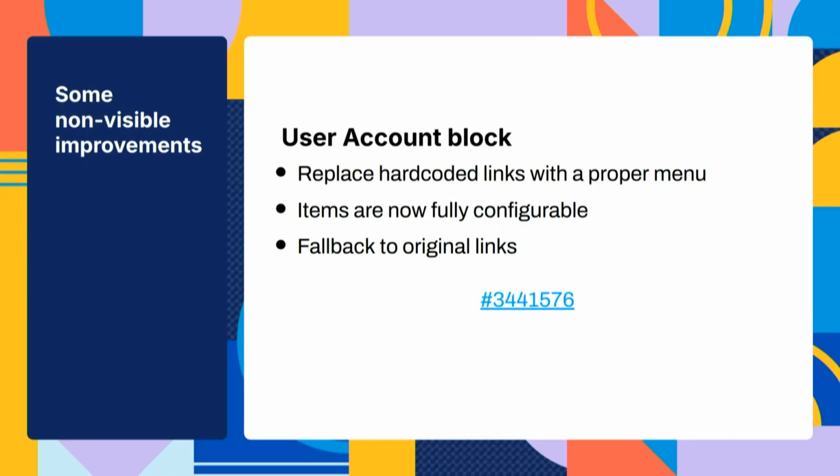And well, besides that, there are some other improvements that are completely invisible, but are there and are very, very nice from the backend perspective. So we have the user account block. So the link at the bottom, that when you hover it, it expands the user options. In the past, it was a hard-coded list with 3 links that cannot be modified.